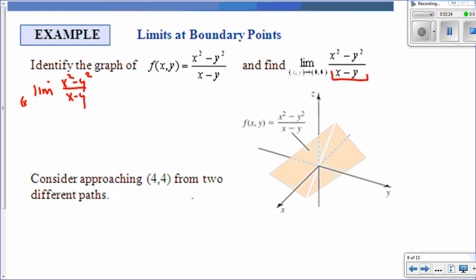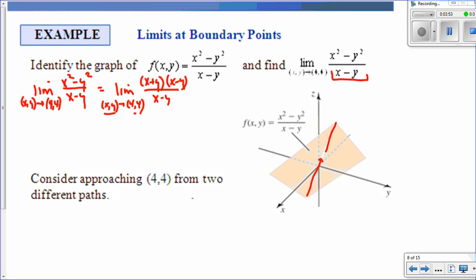If we want the limit as (x,y) approaches (4,4), I can rewrite this numerator as (x plus y) times (x minus y). And notice I can now cancel, as long as x is not the same as y. If (x,y) is approaching (4,4), and I'm not coming along the path where y is equal to x, then x and y won't be the same.